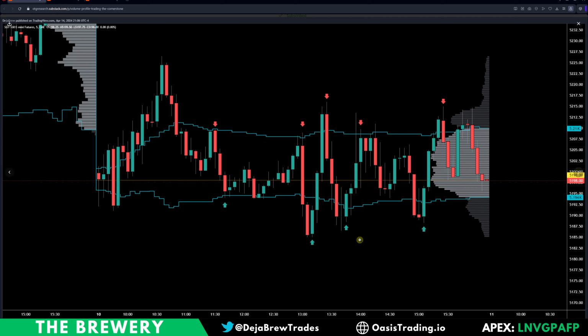Okay, and stop losses on these trades are very standard. If it's failing the value area high or value area low exactly, you just want to give it a little bit of room and place your stop outside of that value area. Now, typically how I manage it is, let's say I buy this on the value area low here and I'm looking for that full rotation back to the value area high, let's say that's a 10-point rotation.